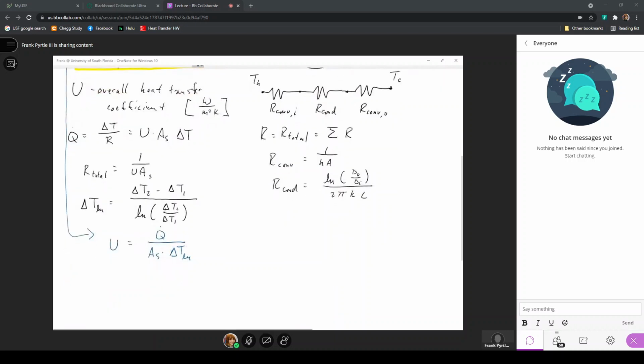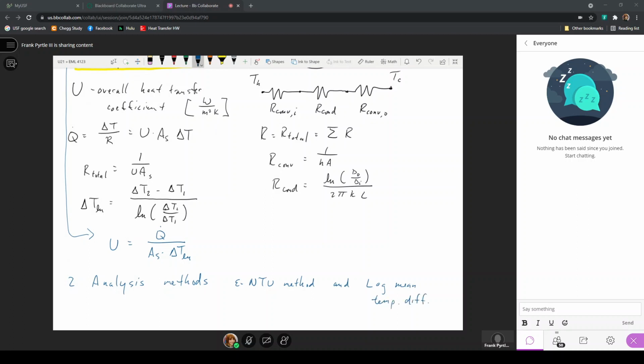These two analysis methods applied to heat exchangers are what we call the effectiveness NTU method and the log mean temperature difference method.